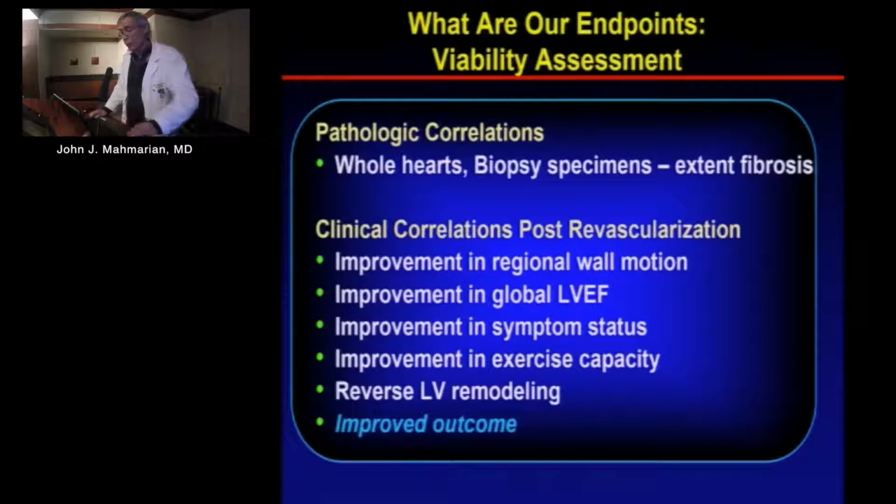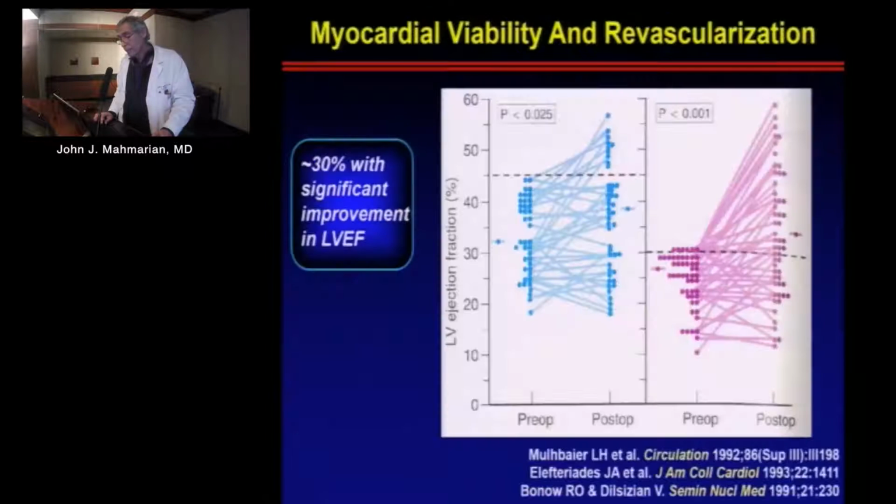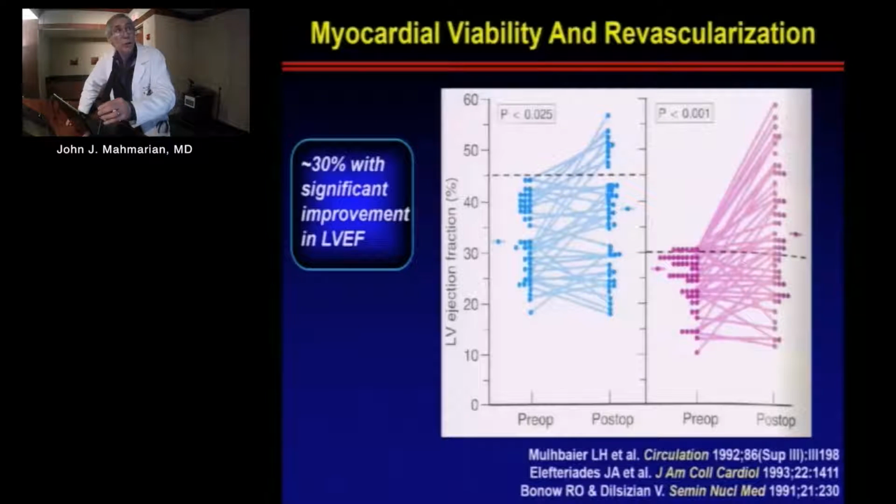We actually look at improvement in regional wall motion, global LVEF, improvement in symptom status, exercise capacity, reverse LV remodeling, and also outcome. And many years ago it was shown, in two different series that were published over the years, that if you take patients with depressed ejection fractions and you routinely send those with advanced disease for bypass surgery, only about a third actually improved their LVEF.